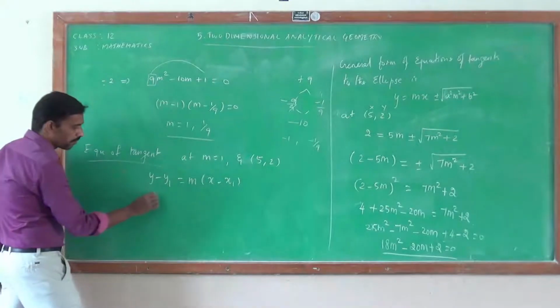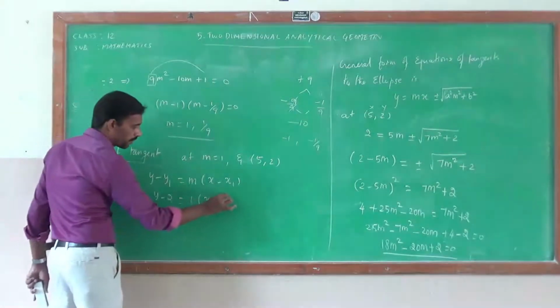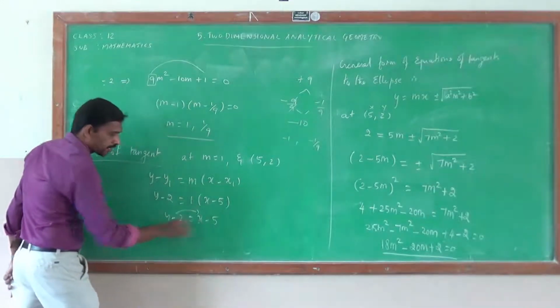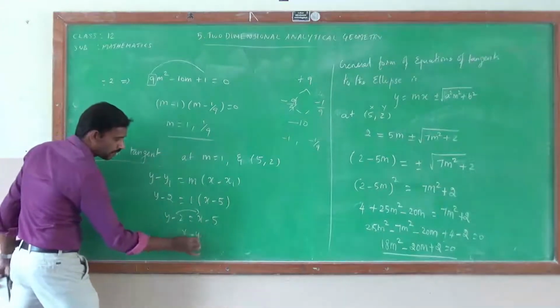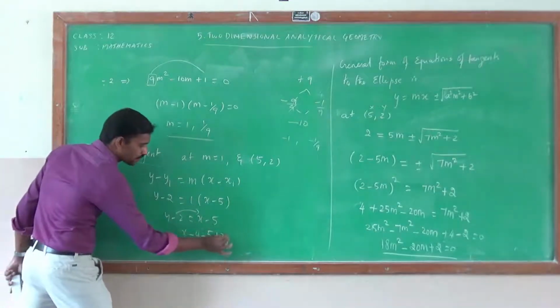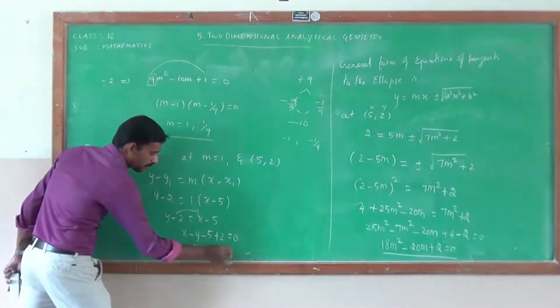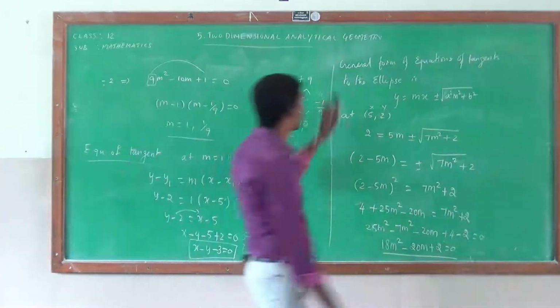Substituting the values, y minus 2 is equal to 1 into x minus 5, so y minus 2 is equal to x minus 5. Taking the terms to the right side, we get x minus y minus 5 plus 2 equal to 0, that is x minus y minus 3 equal to 0. Now we have to find the other equation.